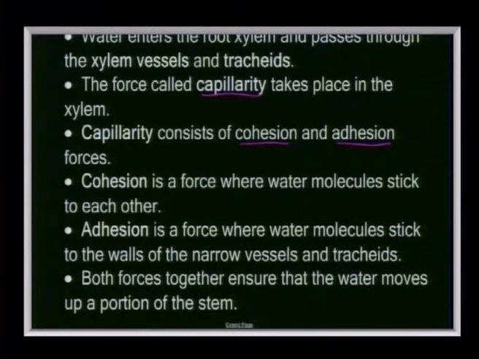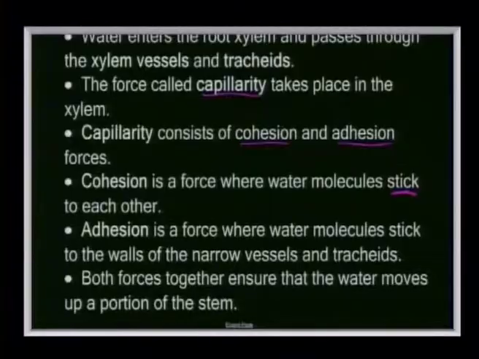Cohesion is a force where water molecules stick to each other. They're cohesive. It sticks. And adhesion, it sticks to the sides. All right. So in English, we'll say that the class, because all of you are friends and you stick together, we'll say that you form a cohesive force.